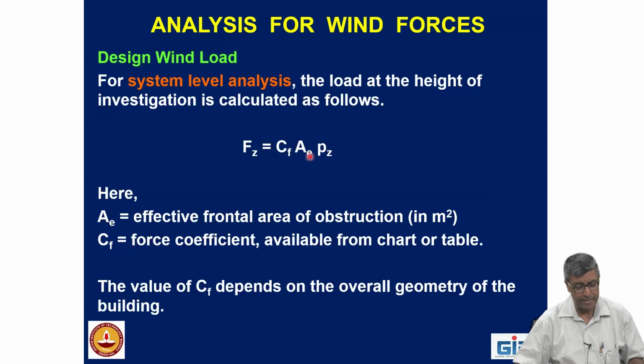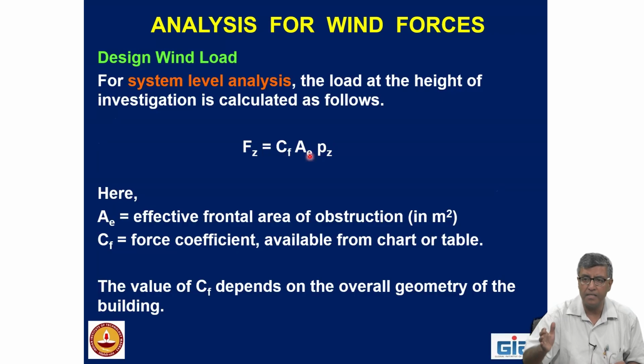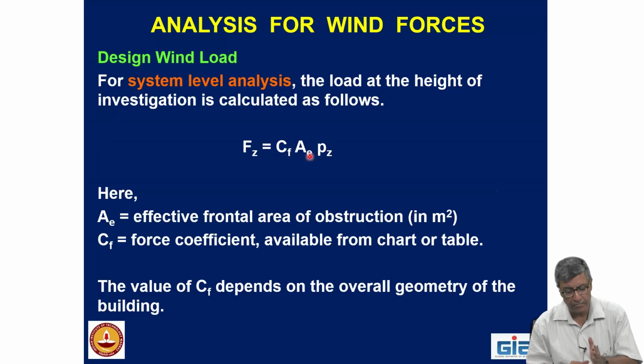What is AE? It is the effective frontal area of obstruction. That means if the area of obstruction is curved, you take the projected area for that particular level, whatever is the tributary height and the width, you calculate the area and multiply by the pressure, and you get the force at that level for that particular area.